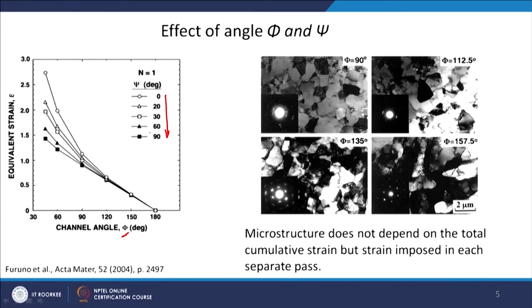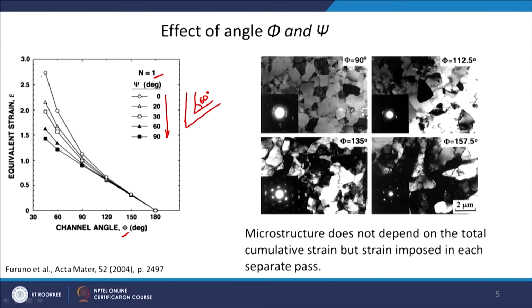So, you can see that for a very sharp angle, that is psi 0, and at a very low phi angle, 60 degree, it is a very extreme amount of strain you are putting if your die is like this. The amount of strain is very high in this case, and n is only 1, that is only a single pass. So, in a single pass I can put in a strain of around 2.6 or 2.7, very high strain.